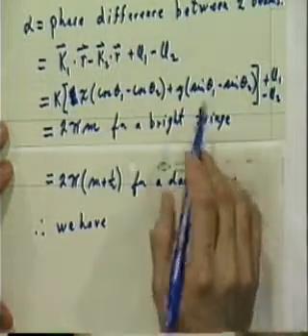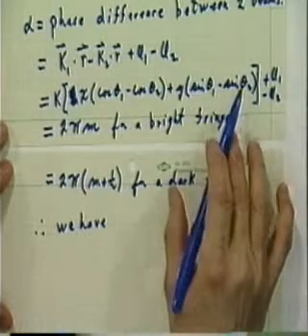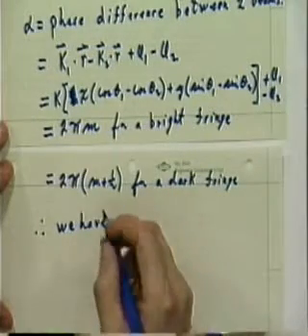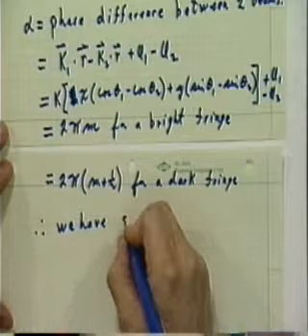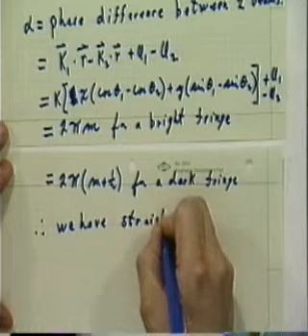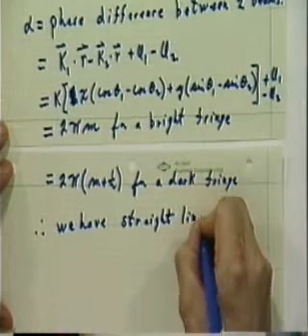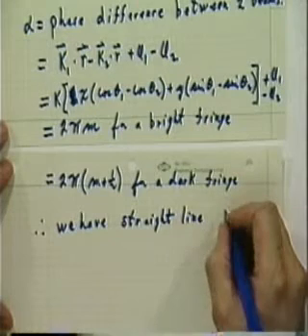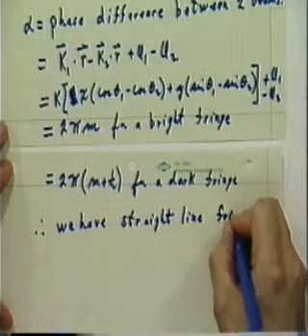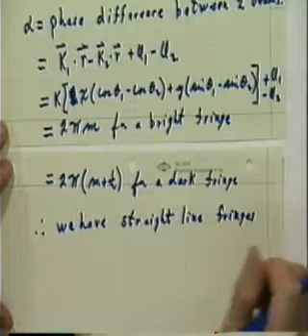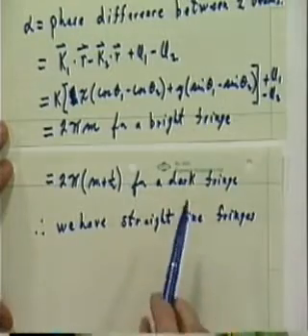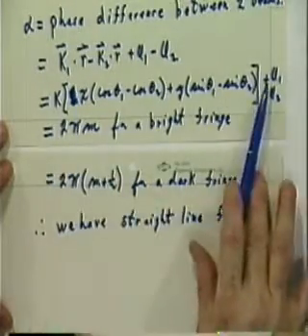Ellipse? No. What? That's just the equation of a straight line. Okay. Therefore, we have straight line fringes. And the position of these fringes is determined by this equation right here.